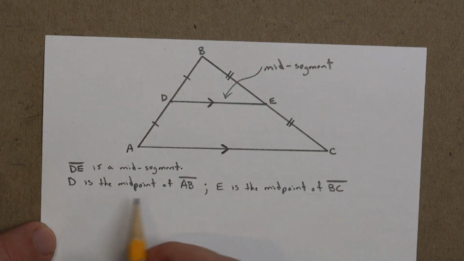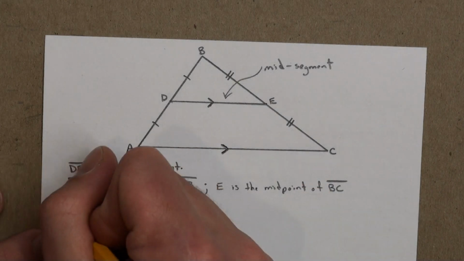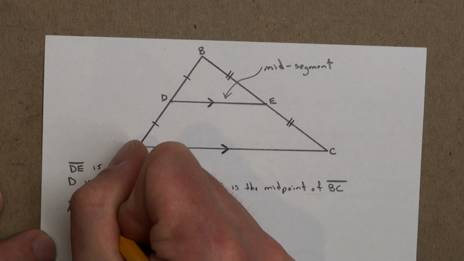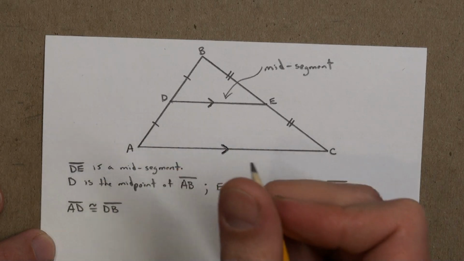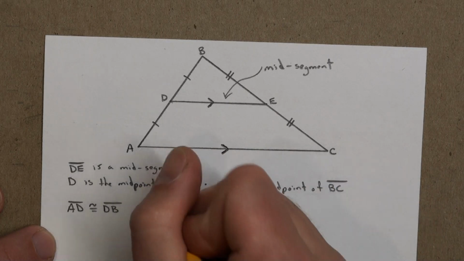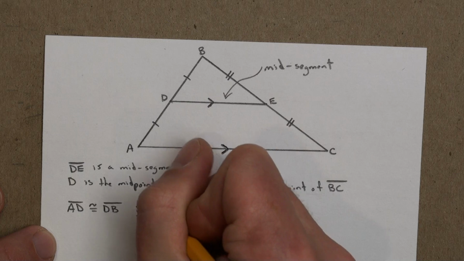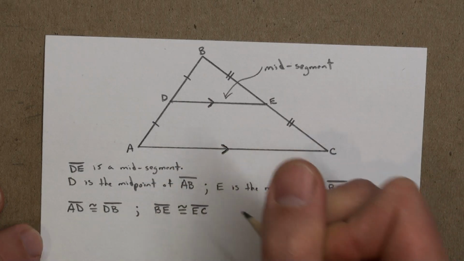So that means that these D and E are the midpoints. It means that AD is congruent to DB, and it means that BE is congruent to EC.